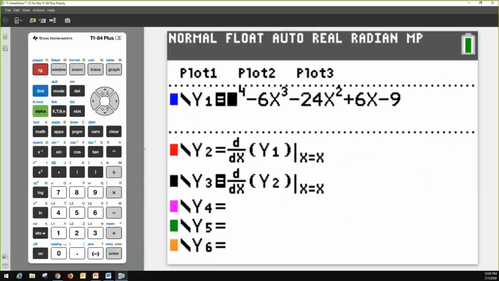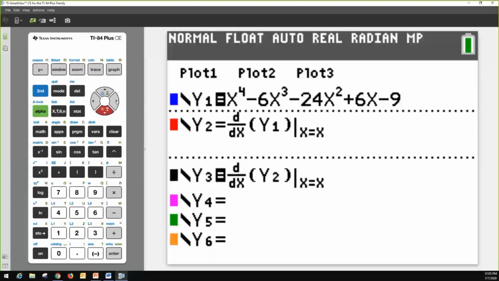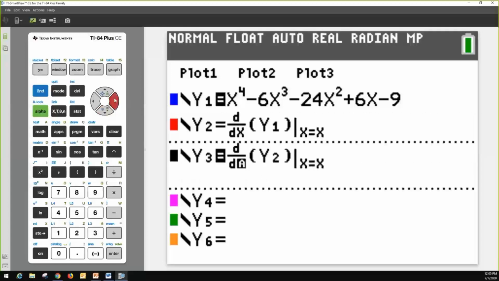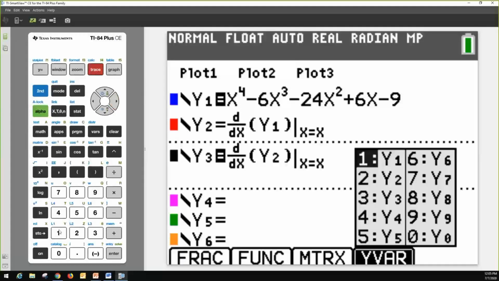Now, you recall as I did before, when I wanted to use a parameter in the graph, I used that transformation app. One of the restrictions with the transformation app is that it only graphs the first two functions, y1 and y2. So I need to get the second derivative in here. I don't need to see the first derivative graphed, so I'll change this one to the first derivative.